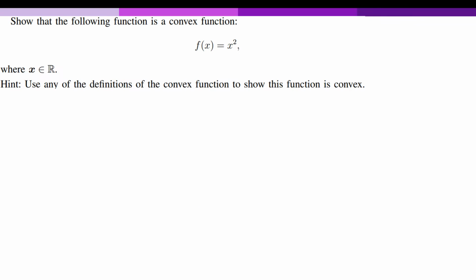Alright, show that the following function is a convex function. Solution number one uses the first definition. Let's consider 2 points, x1 and x2, and also a scalar alpha in this interval.